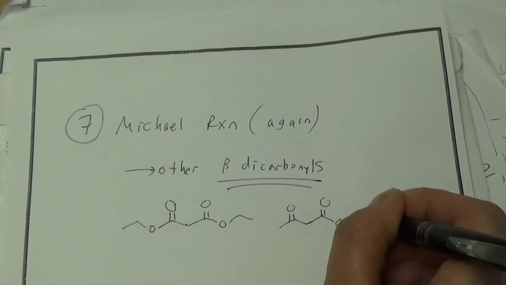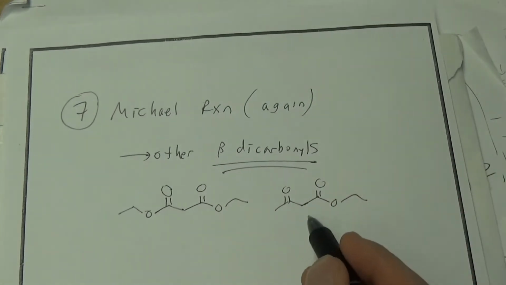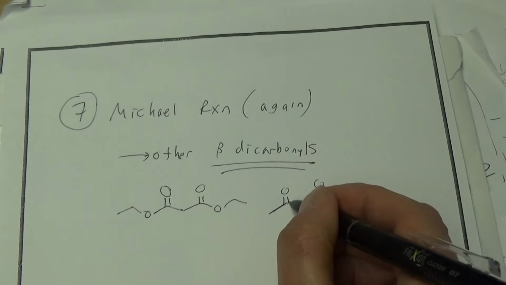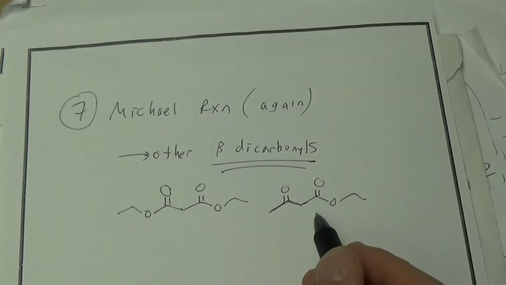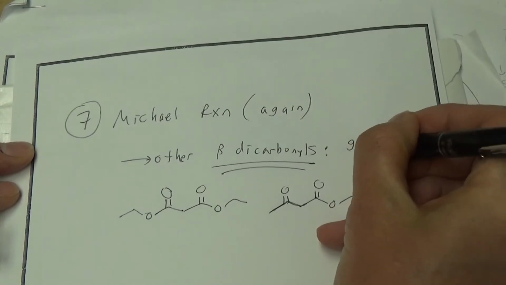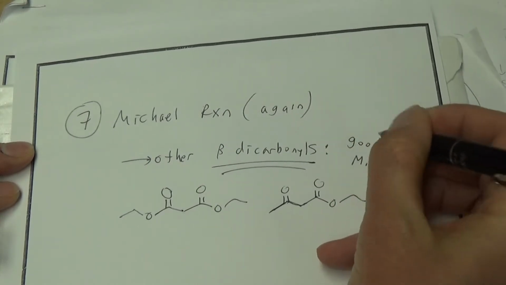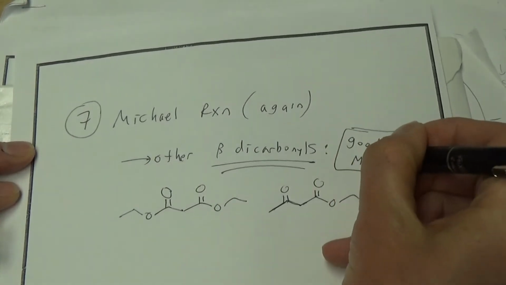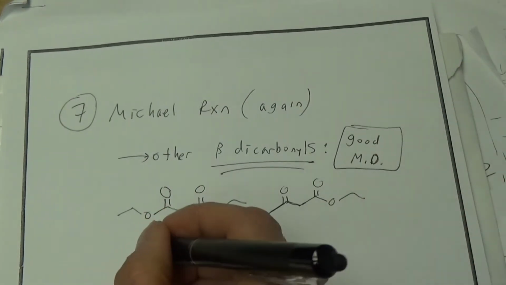Ethyl acetoacetate, which was also what we used in the acetoacetic ester synthesis, right? Great Michael donor. These are all good Michael donors. Any of these will work. Okay, what else? Dinitriles.